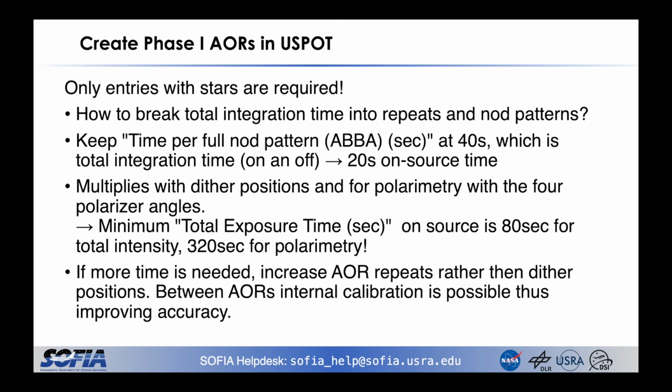Keep the time per full knot pattern at 40 seconds, which gives you a total integration time of 20 on source and 20 off source. Now, these 20 seconds get multiplied with the dither positions and, for polarimetry, with 4 polarizer angles. Therefore, you have the minimum total exposure time of 80 seconds for total intensity, or, as in this example, 320 seconds for polarimetry.